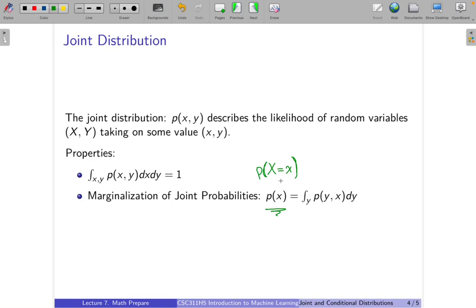The way we find that is we can use the joint distribution, which gives us the probability that x takes on a certain value and y takes on this value, and we can marginalize over y. So we could sum or integrate over the possible values of y. And that should give us back the probability that my random variable x is just little x and y could be anything.